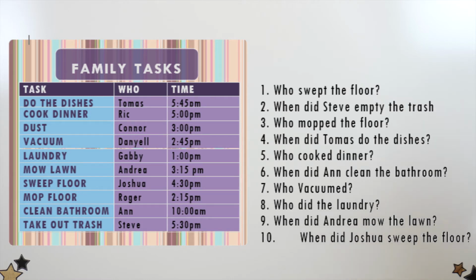You will see a list of tasks or chores, who did the chore, and what time they did it. I'd like you to look at the 10 questions and answer what family member did what task at what time.